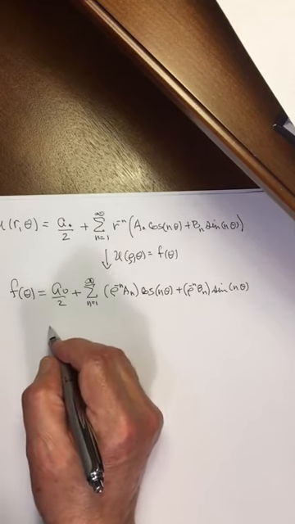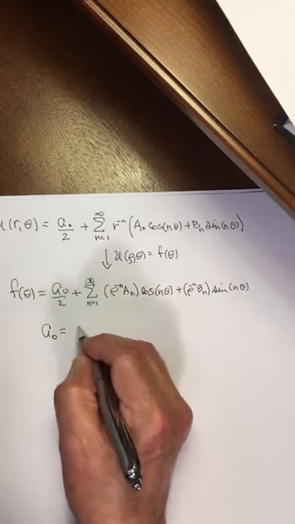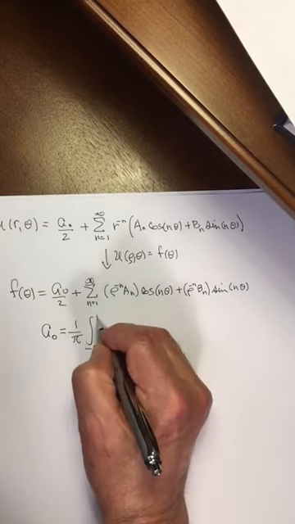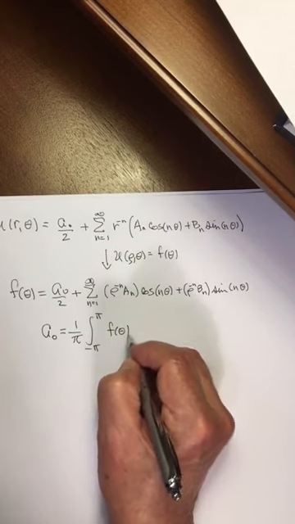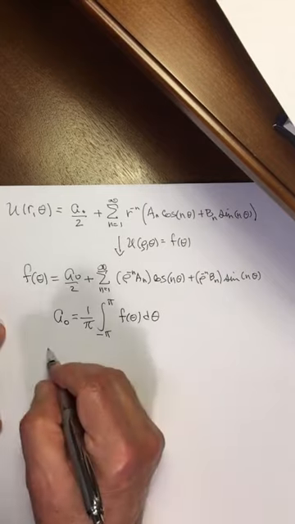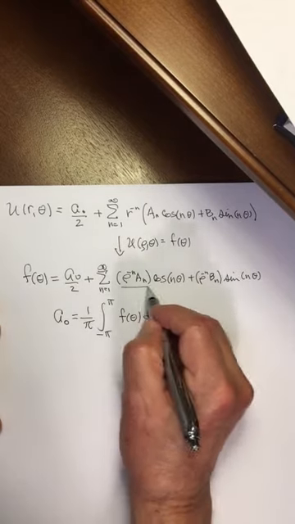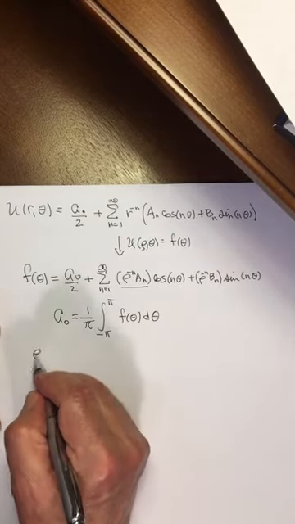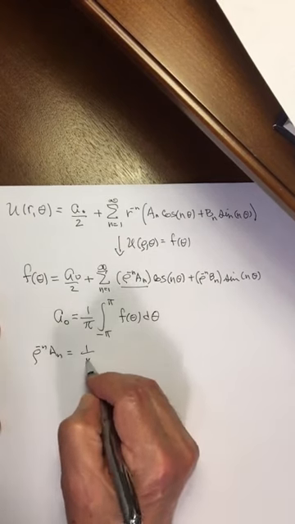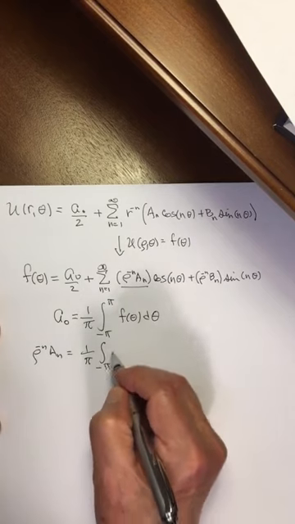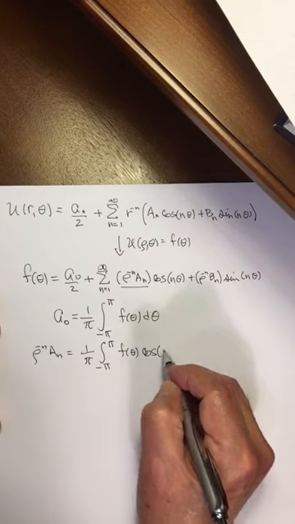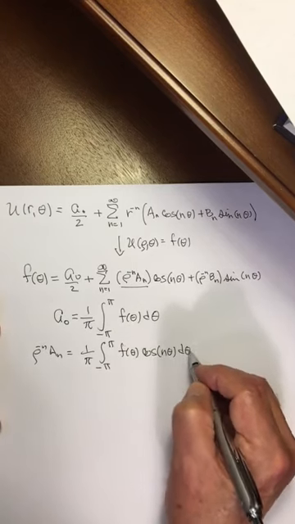a0 is given by 1 over pi, integral minus pi to pi, f of theta d theta. And solving for this coefficient, we'll write rho to the minus n a_n equals 1 over pi, integral minus pi to pi, f of theta cosine n theta d theta.